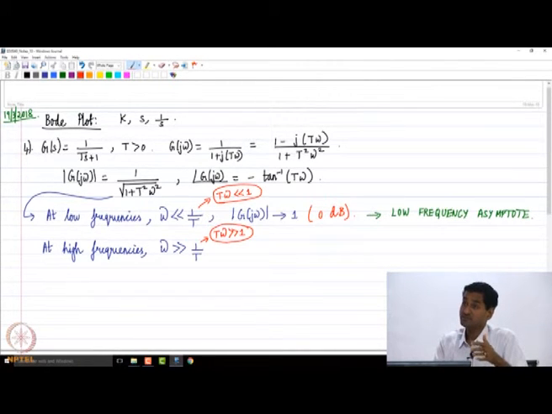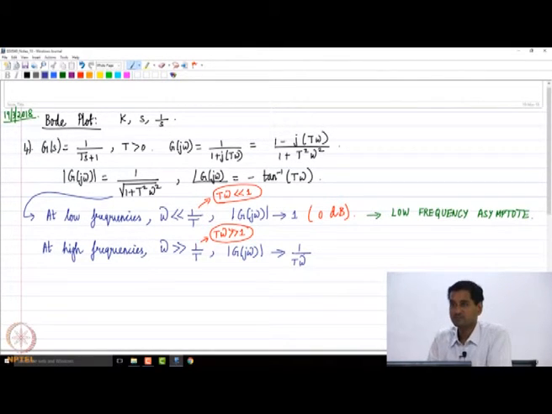T squared omega squared is going to become 10 power 4. So what can you say about 1 plus T squared omega squared? It is 1 plus 10 power 4, that is almost 10 power 4. So I can approximate 1 plus T squared omega squared as T squared omega squared itself. So what is going to happen to this magnitude? Immediately we can observe that the magnitude of G omega tends to 1 by T omega. I hope it is clear how we got this.